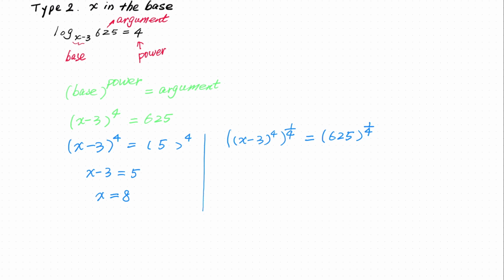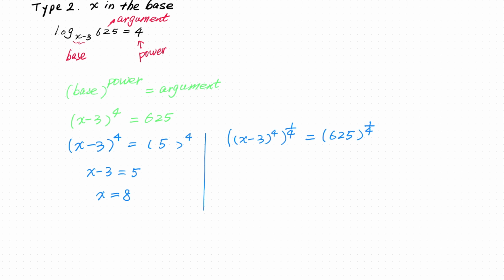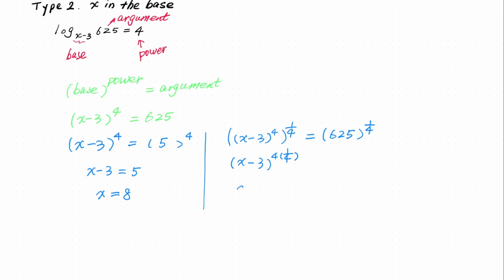Why raise both sides to the power of 1 over 4? The reason is, if we apply the exponent law on the left side, the exponents multiply. 4 times 1 over 4 is 1. So basically we get rid of this exponent. Then we get x minus 3.